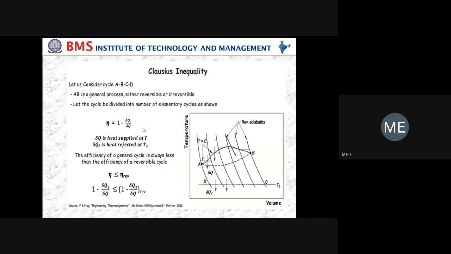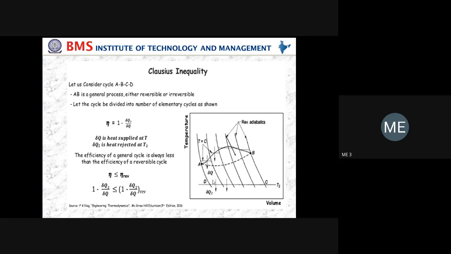And we know that the efficiency of any cycle is given by net work done divided by heat supplied. Net work done is nothing but heat added minus heat rejected, divided by total heat supplied. So dq I am taking as the heat added to the cycle, and dq2 is the heat rejected. You analyze the notation.